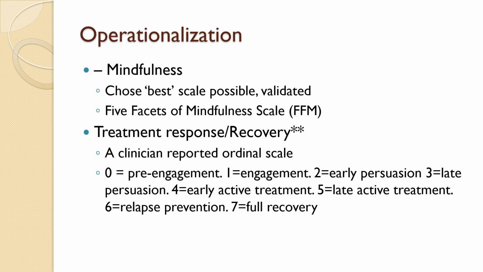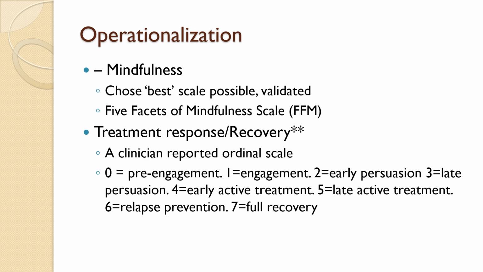This is an operationalization of a variable that is based on a theoretical framework about change, right? So this is like the Prochaska assessment of readiness to change, right? Where people can be assigned a number from 0 to 7 about where they are on their change from being an alcohol use disordered individual.